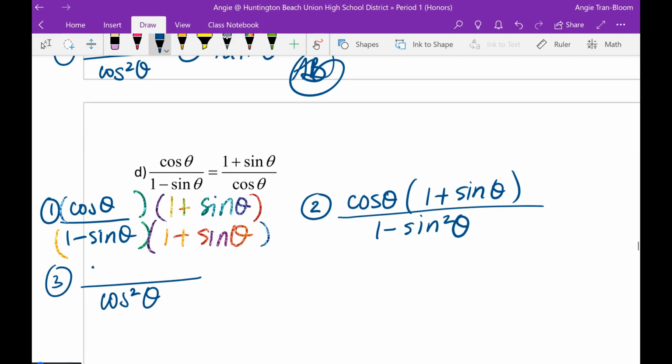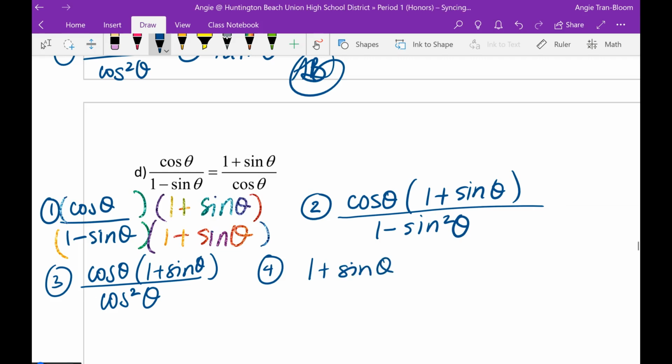Cosine squared theta. So now I'm going to copy that down on the top. And what's your next move? Cancel out. So what are you left with? 1 plus sine theta over cosine theta. Very good. And that is your goal, right? Excellent. Try the next one. E for excellent.